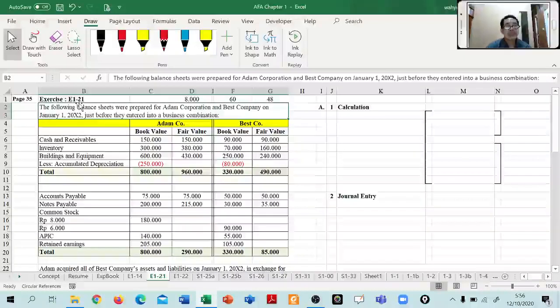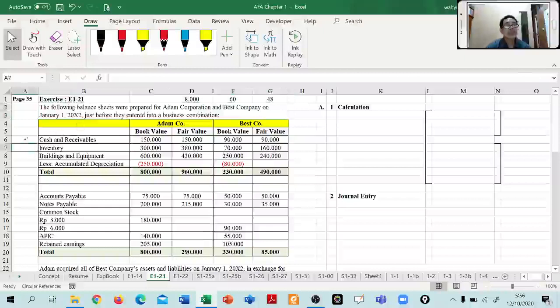This question says that the following balance sheets were prepared for Adam Corporation and Best Company on January 1st, 20x2, just before they enter into the business combination.